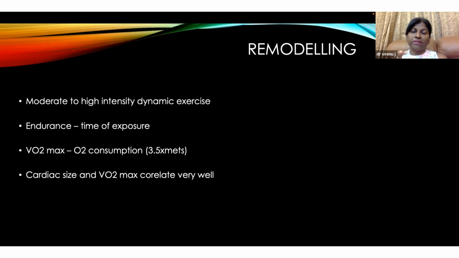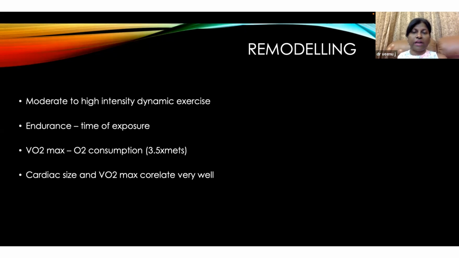So VO2 max is what is going to give us a clear idea, and it correlates clearly with the LV or RV remodeling, the heart remodeling that happens. Grossly, we say that VO2 max is around 3.5 times the METs. So let's say somebody is doing a treadmill, we may put them to a test of 10 METs or 13 METs or 18 METs.